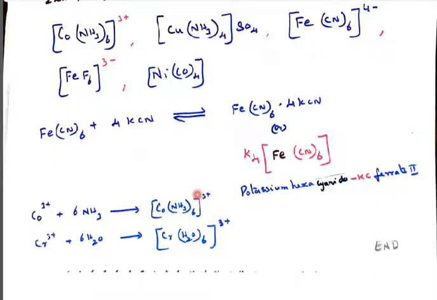This is a cationic complex, and this is also a cationic complex. These are simple examples for the formation of coordination complexes by transition metals. Coordination compounds and coordination complexes are the same. Thanks for watching.